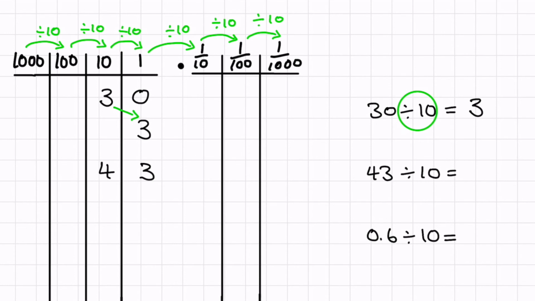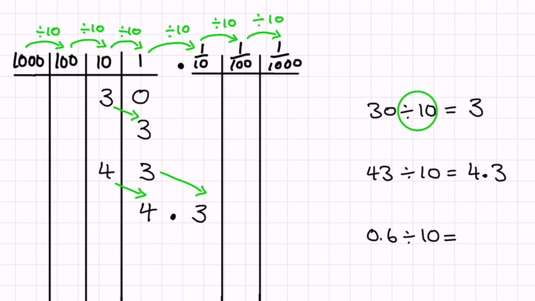The 4 moves from the tens column into the units column, and the digit 3, which is currently in the units column, is going to move into the tenths column. And of course we need to put in a decimal point, so we know that the 4 represents 4 units and the 3 represents 3 tenths. And so the answer to 43 divided by 10 is 4.3.